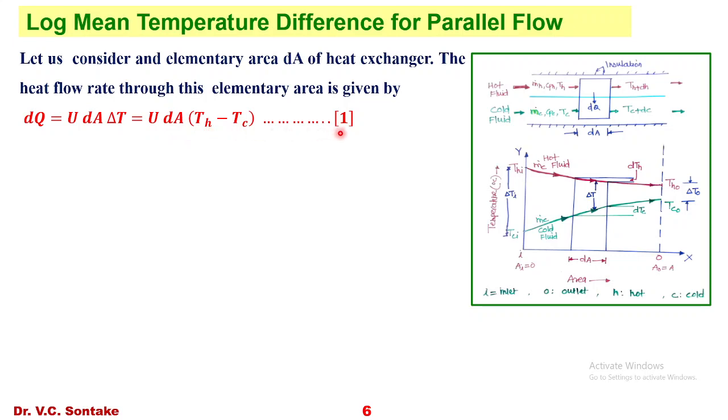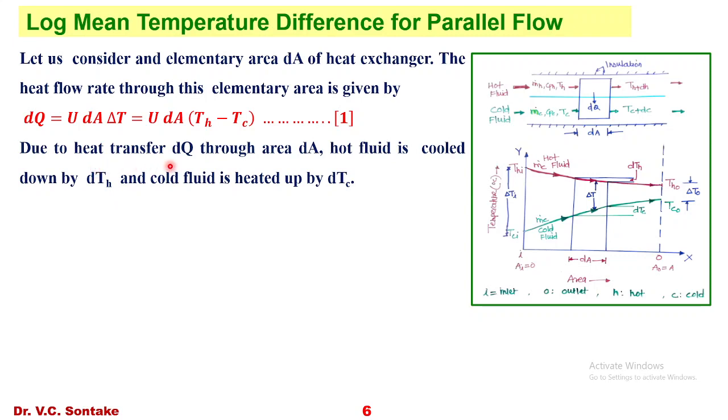Let us say this is equation number 1. This elementary area of the heat exchanger is very small, and a small amount of heat transfer dq is taking place from hot to cold fluid. So this expression for dq is given in the form of equation 1.